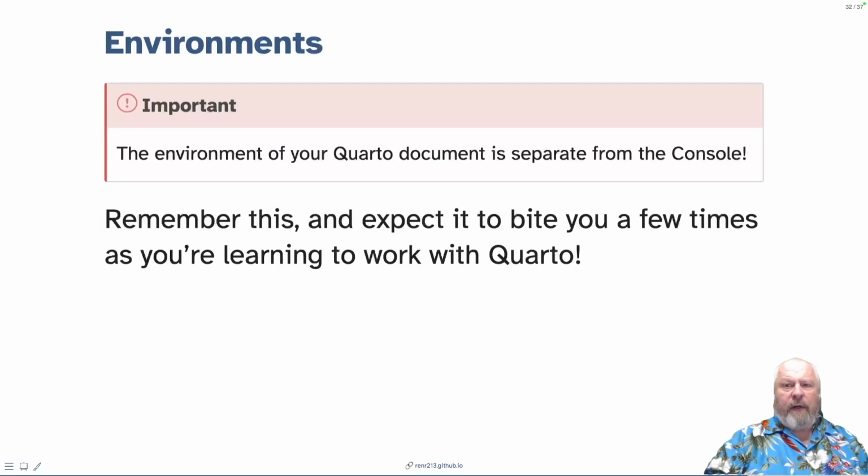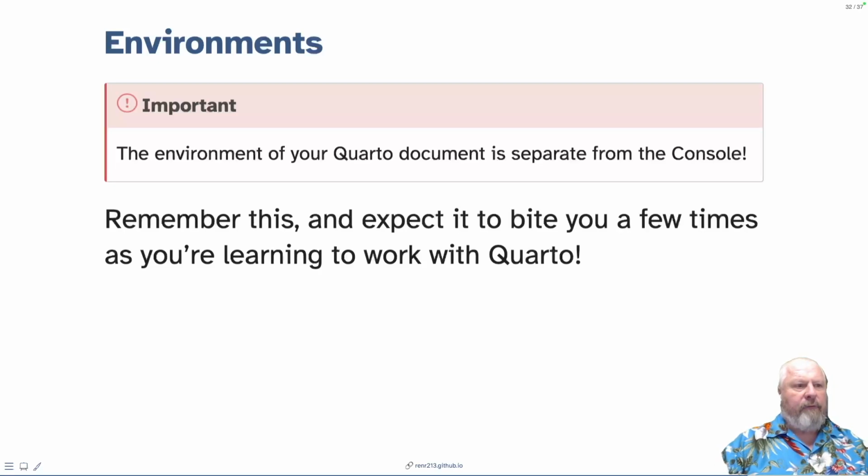One thing that is useful to remember is the different environments that are in RStudio. The environment of the Quarto document is separate from the console. So you may have values that are stored in the console and not in your Quarto document.